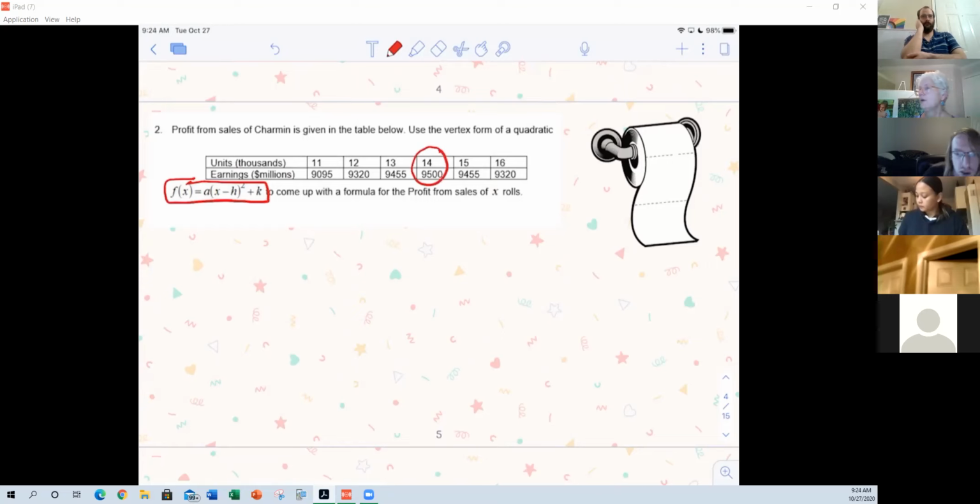Okay, so you look at the chart and see where the y values start to repeat themselves. You can see 94.55 here, and then there's 94.55 here. So the point right in between them is going to be our vertex.